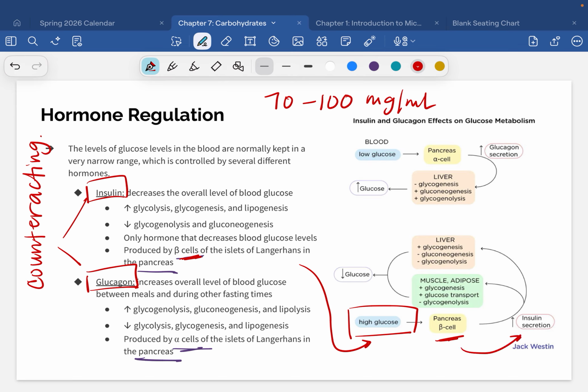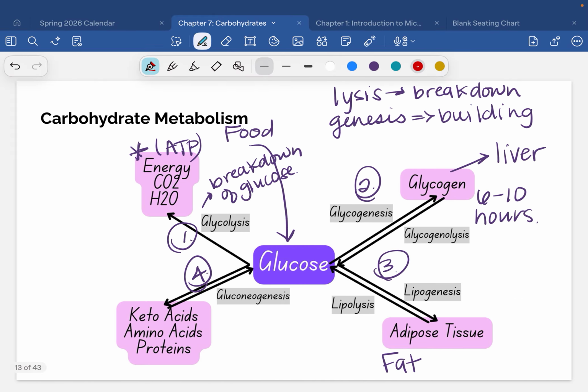That is going to promote all of the processes that decrease the amount of glucose in the blood. The ones that are on this chart pointing away from the center. So if this is the blood, this is blood glucose, we'll say.